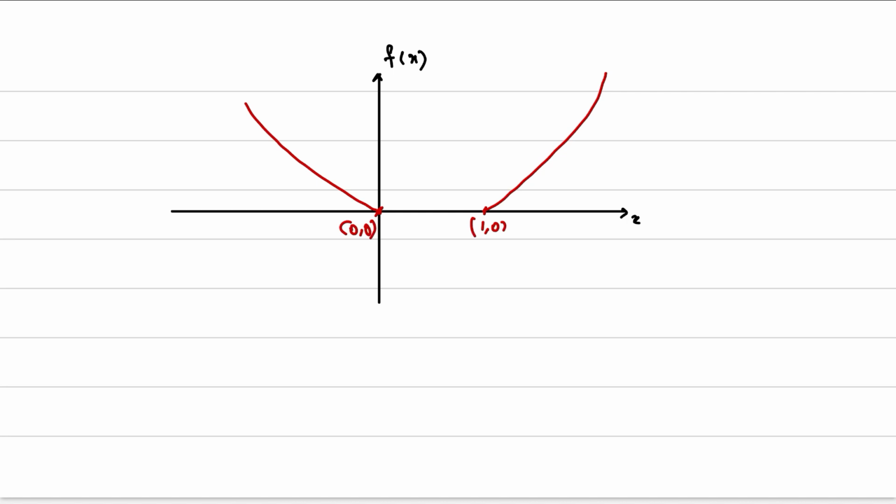That means there are no points between 0 and 1 where the function will be 0.